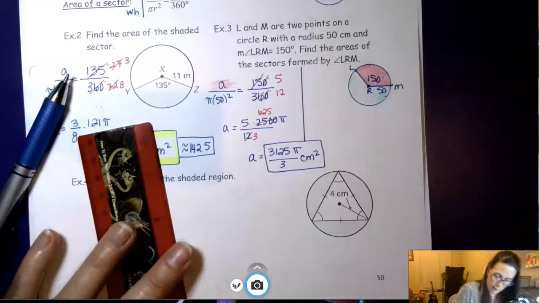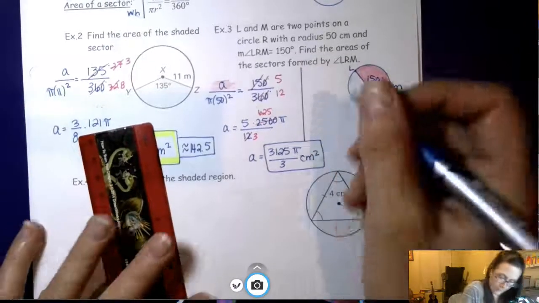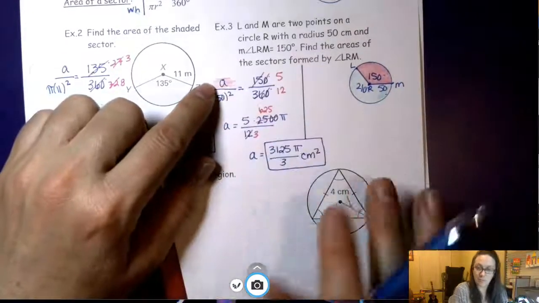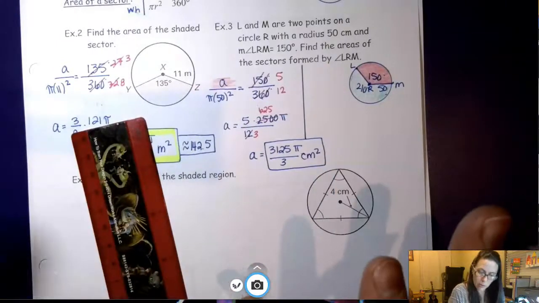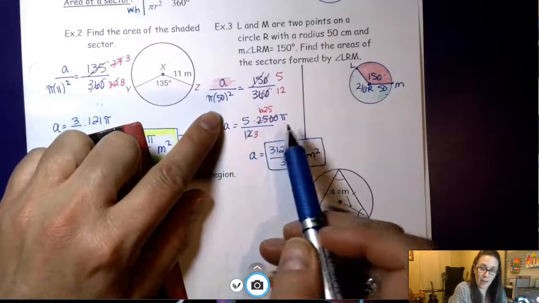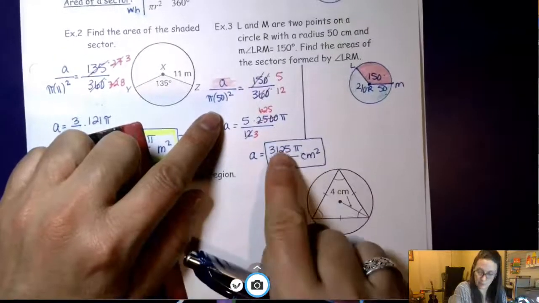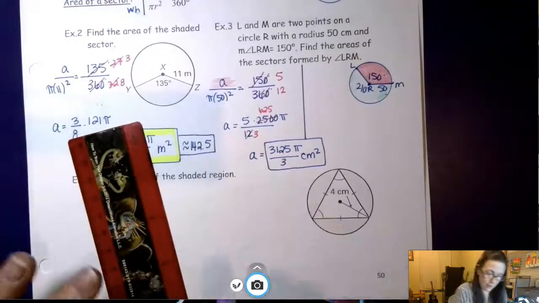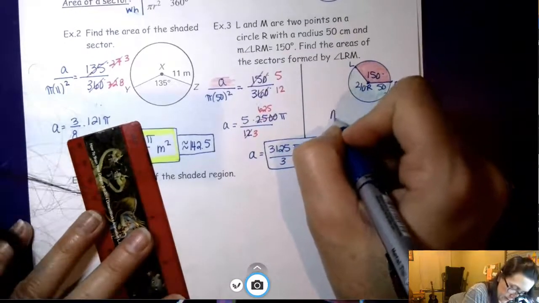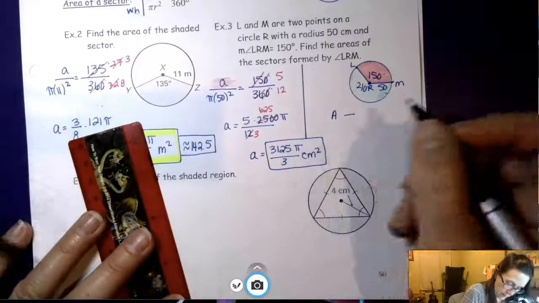This part over here would be 210. So I can do the same thing, make it 210. Or, if I know the area of the entire circle is 2,500 pi, and this is the area of this piece, I could subtract it. I could take the area of the circle and subtract the piece that I know.